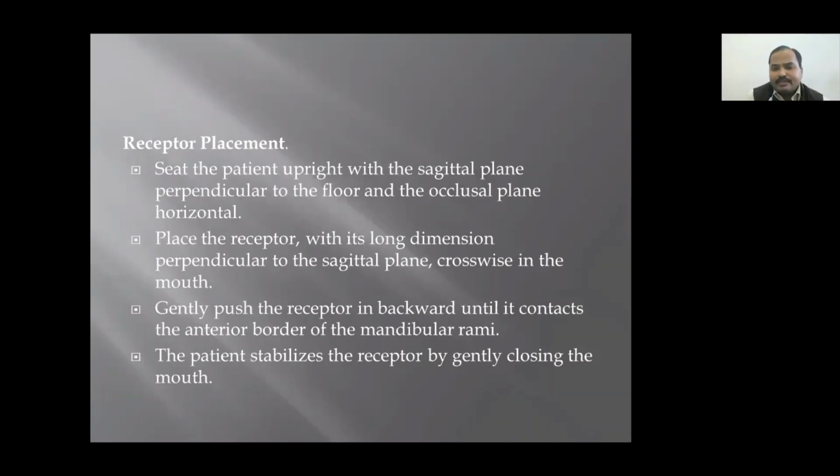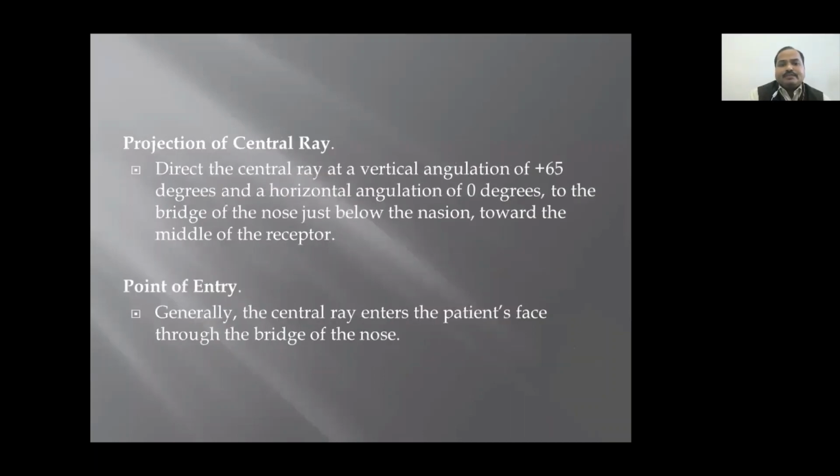The receptor will be placed similar to that for the anterior maxillary projection, and the patient will stabilize the receptor. Then the central ray will have a vertical angulation of 65 degrees and a horizontal angulation of 0 degrees, directed to the bridge of the nose just below the nasion towards the middle of the receptor.